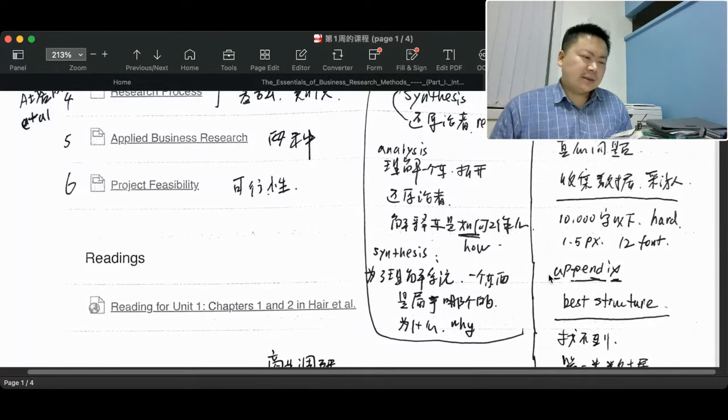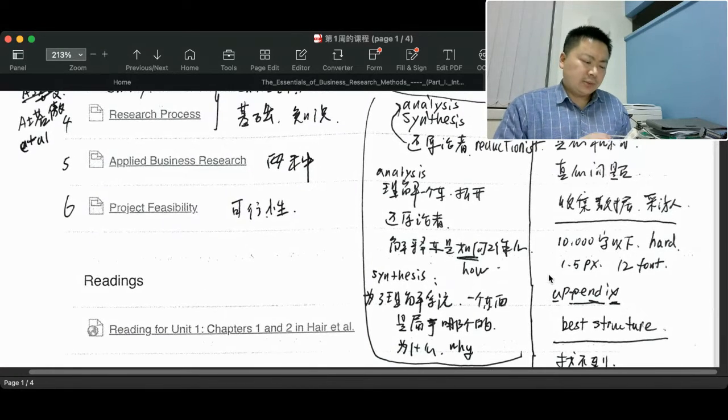To do an analysis, we have to understand, how to say, we remove every part from the whole helicopter, and we try to understand how it works so that it can fly.